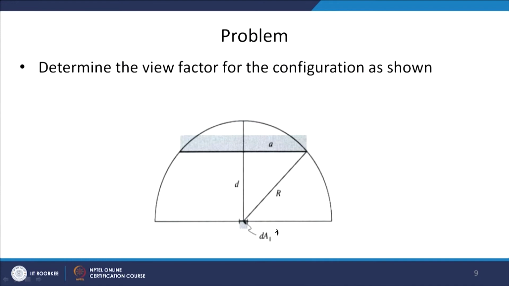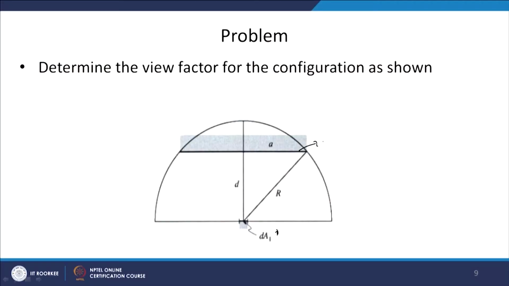In this case, we are trying to find out the view factor between infinitesimal area dA1 located at the center of this hemisphere. Now, as we said, the radius of the hemisphere is arbitrary. So, let us see how we have chosen this radius.